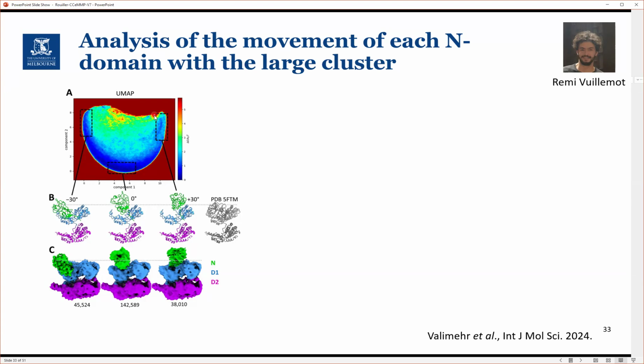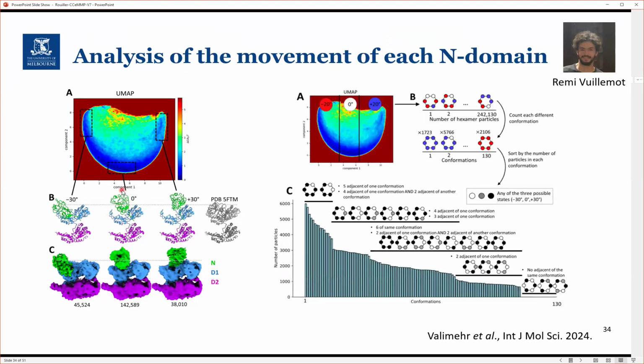And so we saw that indeed we had continuous motion of the N domain, where the middle position that we referred to as 0 degrees corresponds to the N-up conformation that CPD resolved at high resolution, but we have a large variability, or large motion, of this domain, where the N domain rotated from minus 30 degrees to plus 30 degrees with respect to the central position.